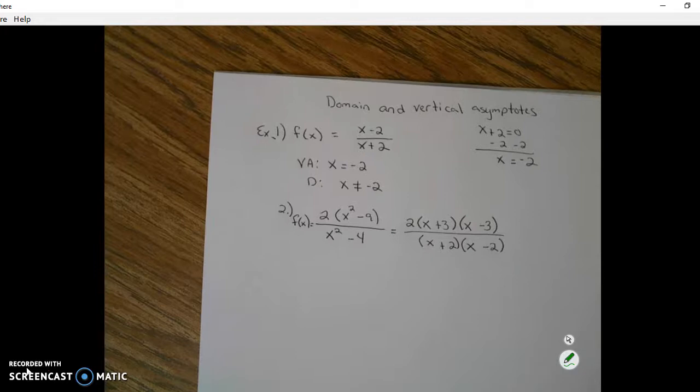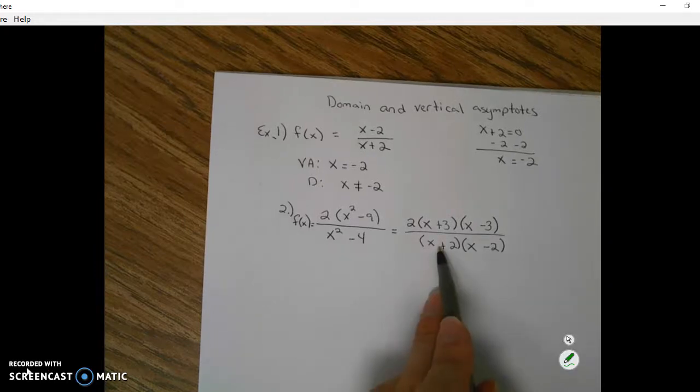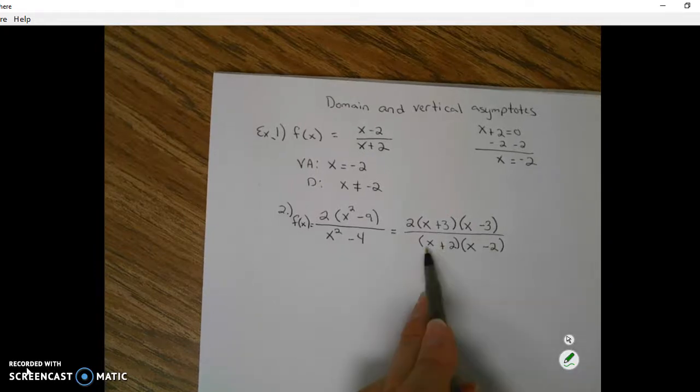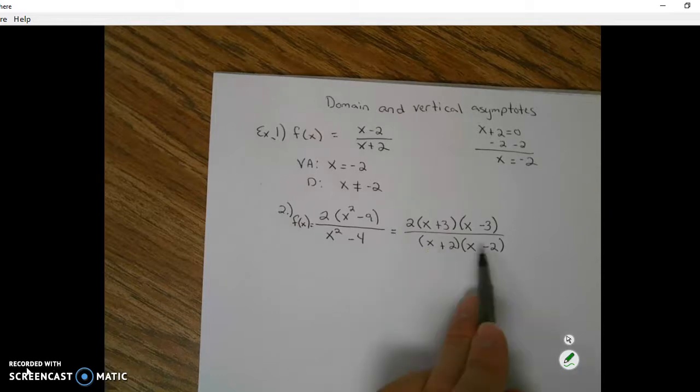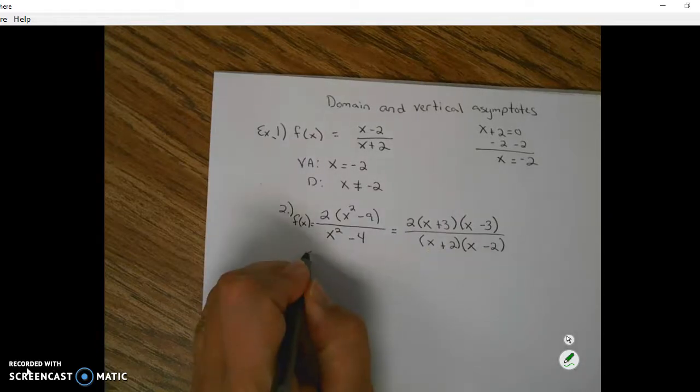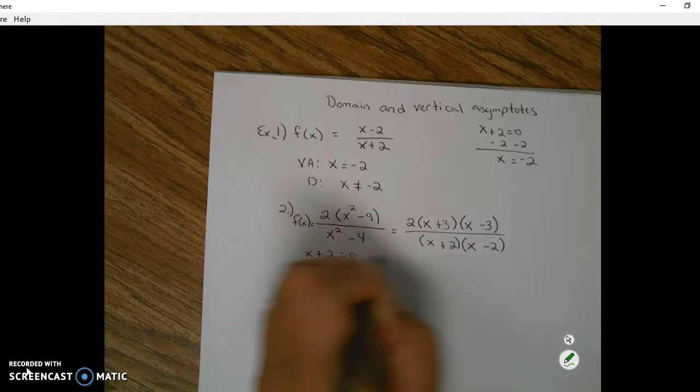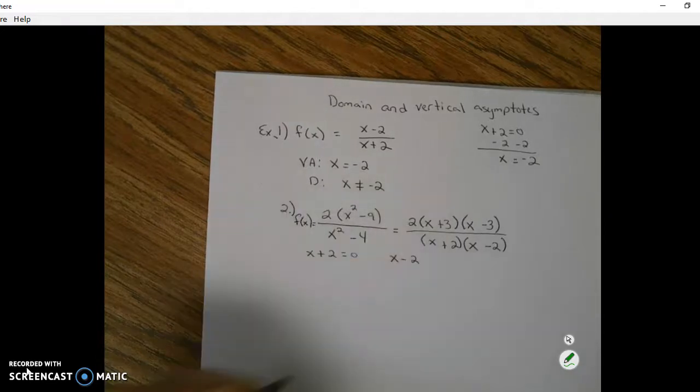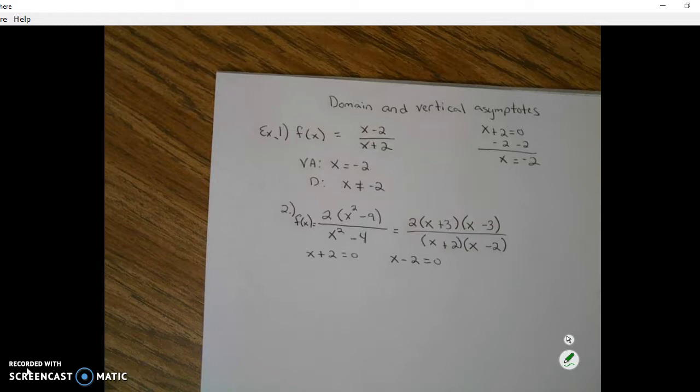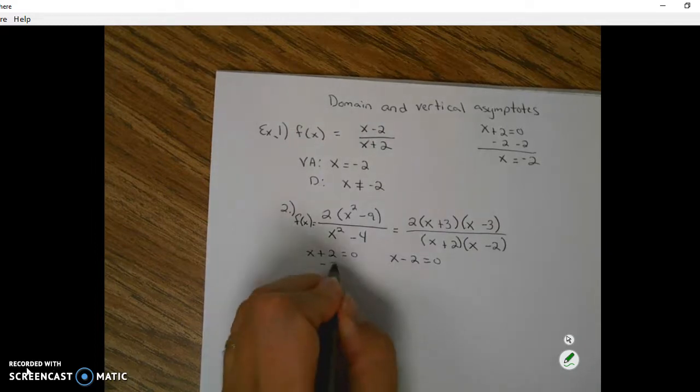Okay, so in this case, we have two factors. So we need to set both of them equal to 0, and then solve for x.